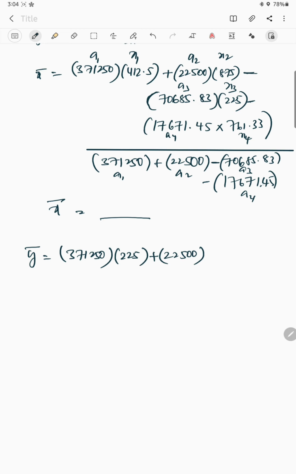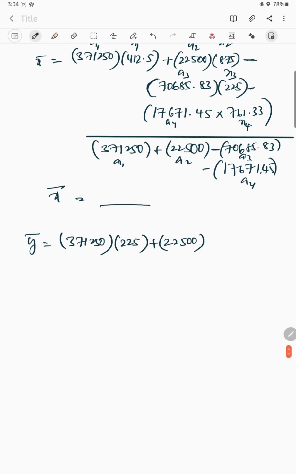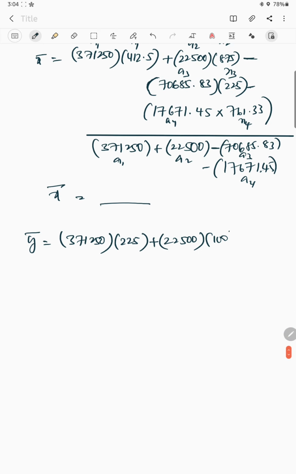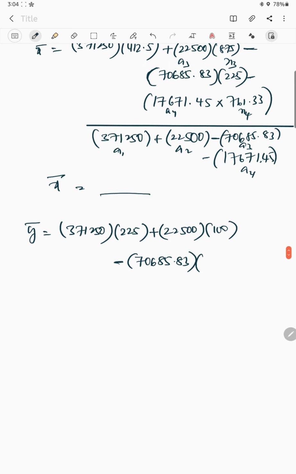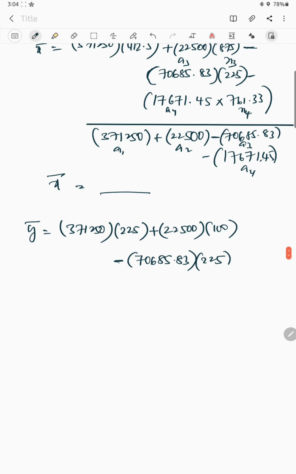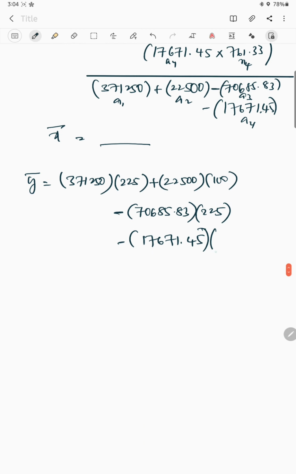Y2 we got, see here, Y2 is 100, into 100 minus 70685.83 into what is the value of y3 we got? 225, right? 225 minus 17671.45 into what is the value of y4 we got? 386.33.